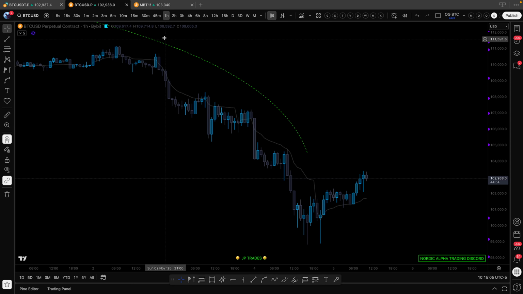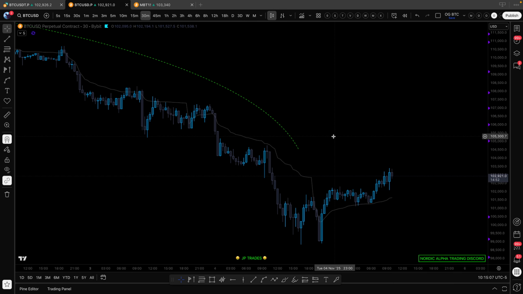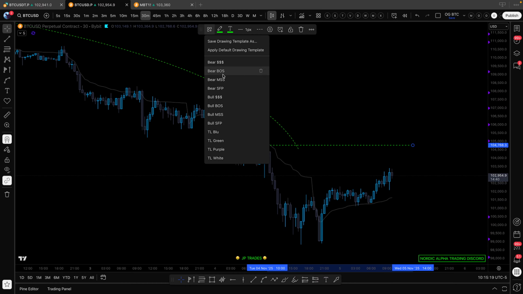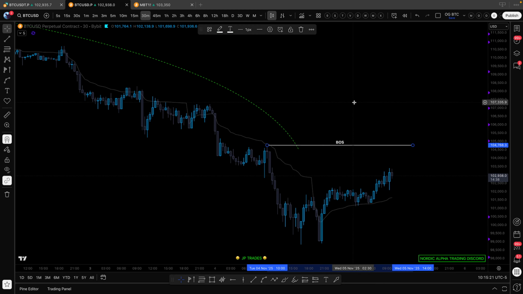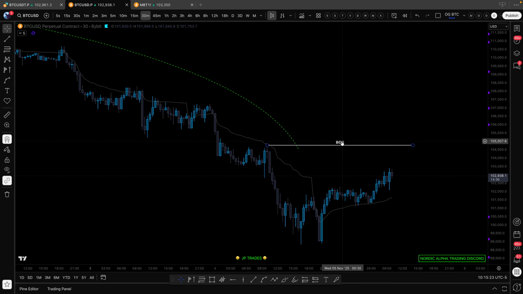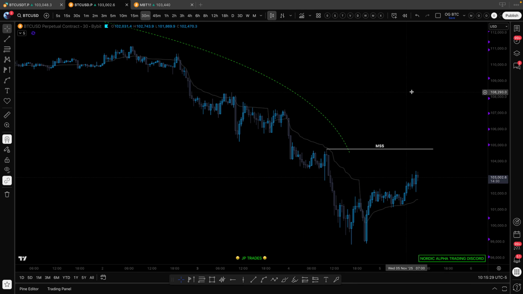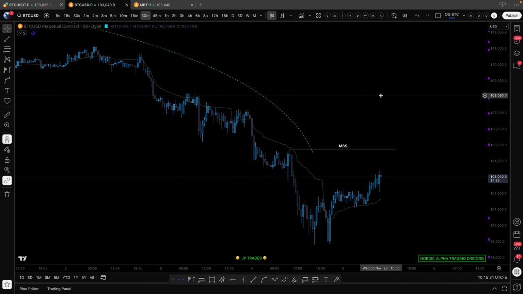But since it's not, our 30-minute time frame structure point would be here. So you would want to really see this get broken. And this would be your first sign, at least for a mid time frame, market structure shift back to bullish.